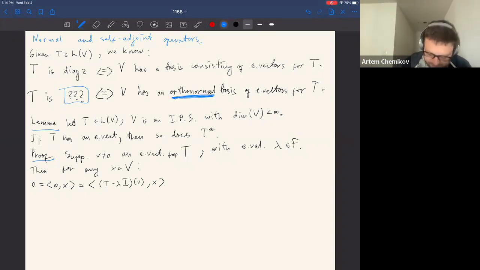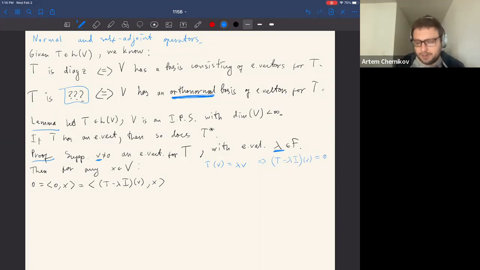So why do I have this? Because look, if lambda is an eigenvalue corresponding to eigenvector v, then we know that T of v is the same as lambda v, right? In other words, this is the same as saying that if I look at the linear operator T minus lambda times the identity, and I apply it to v, then this is equal to 0.